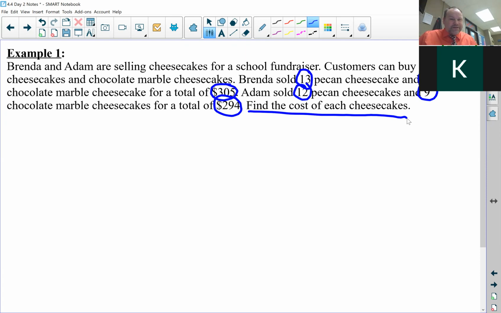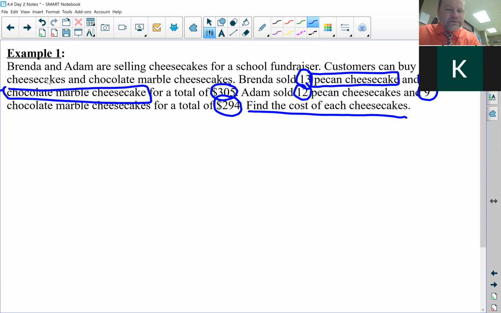Excuse me. Box any keywords. So in this case, I think the pecan cheesecake and the chocolate marble cheesecake might be keywords.